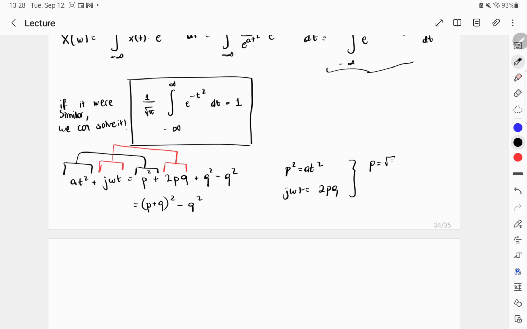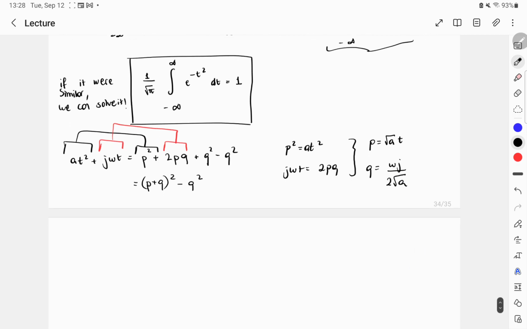p will equal square root of at, and then q will equal ωj over 2 square root of a. Okay, and then what do we have?